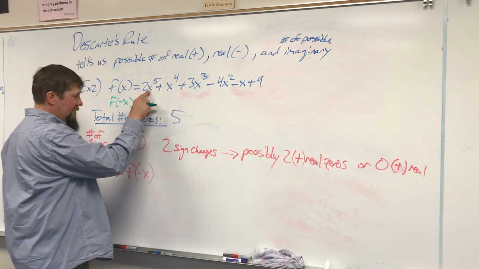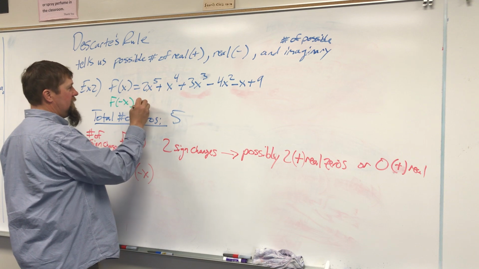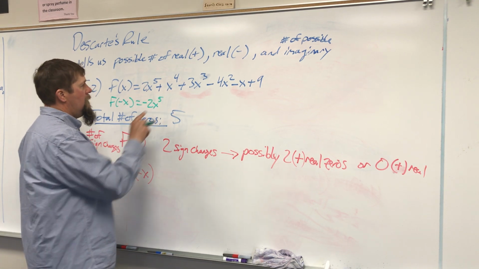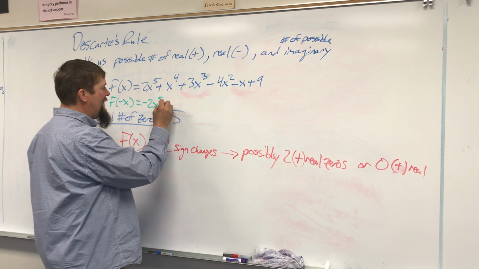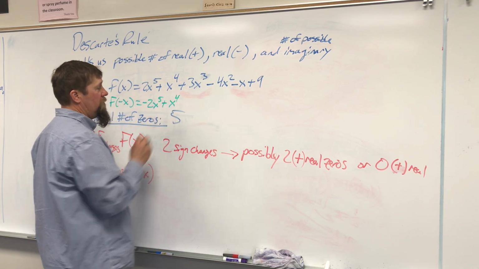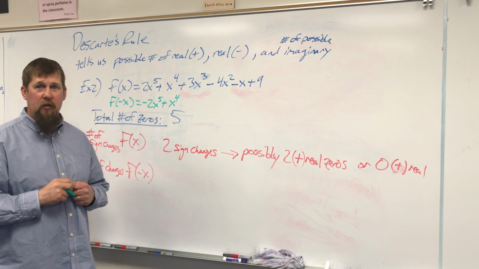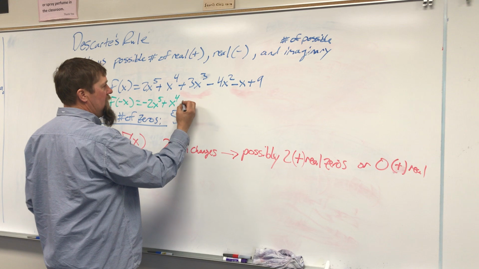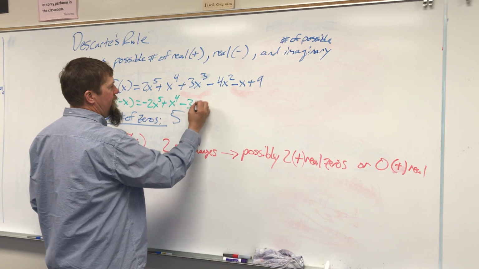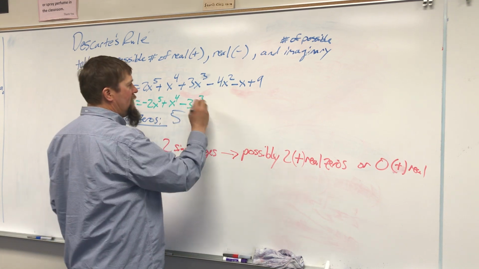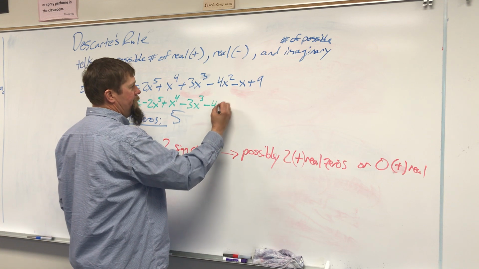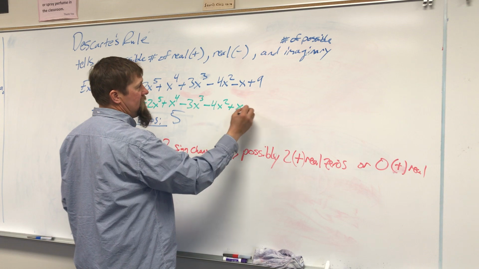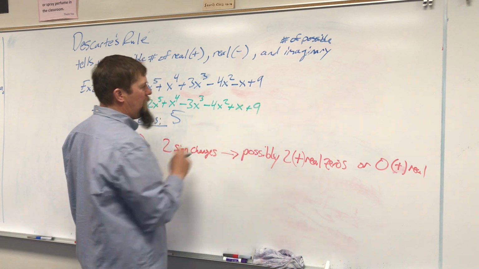So if I put a negative x in here, this now becomes negative 2x to the 5th. The x to the 4th stays positive because a negative to a 4th power doesn't change. The odd degree term changes to a negative. The quadratic stays negative. The linear term changes to positive, and the constant stays positive.